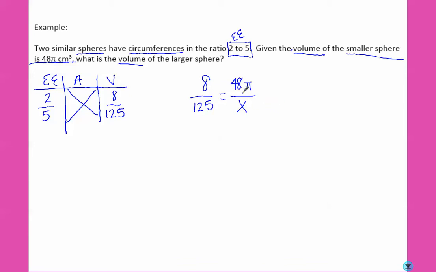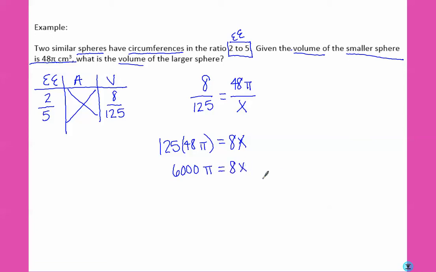In order to solve a proportion, remember we cross multiply. So 125 times 48 pi equals 8 times x. 125 times 48 gives me 6,000 pi. I didn't multiply the pi in yet just because it's easier to write 6,000 instead of the decimal we'd get if we multiplied it with pi.